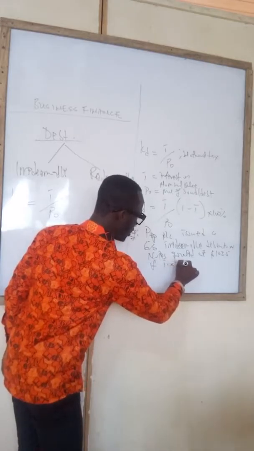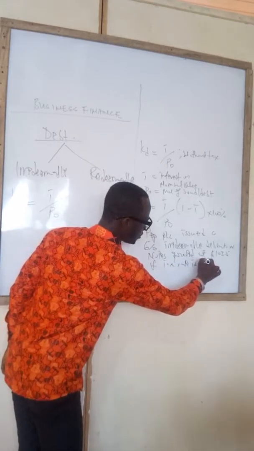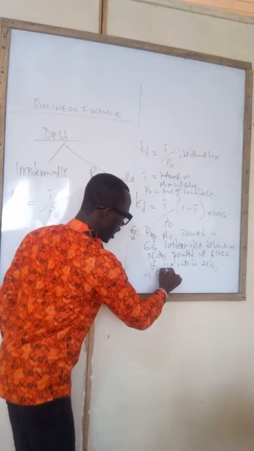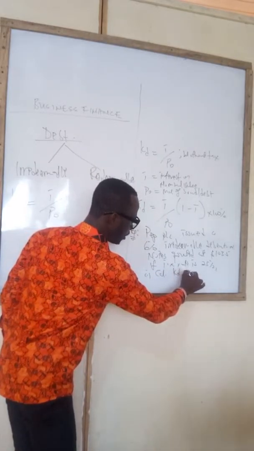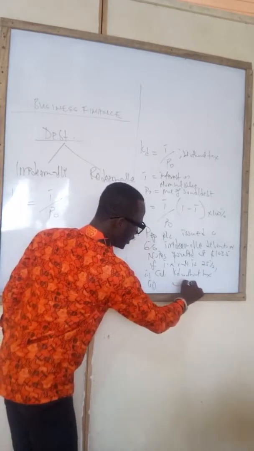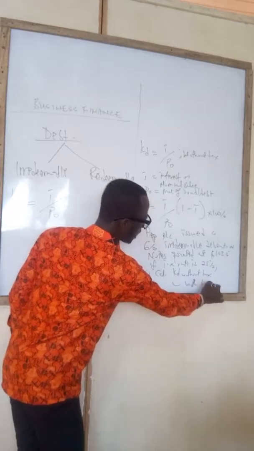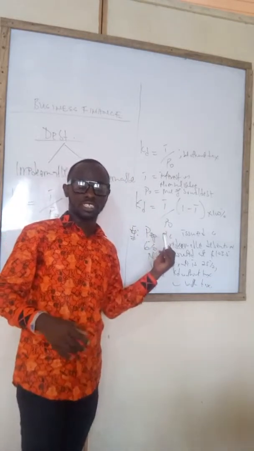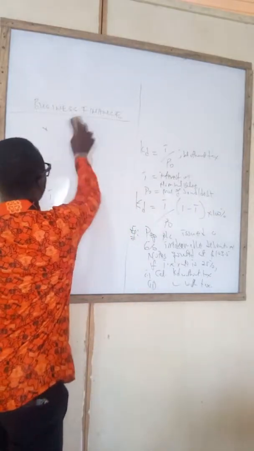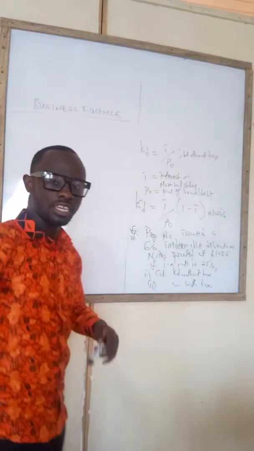If the tax rate is 25%, calculate KD without tax, and KD with tax. So this is the scenario, and the examiner is asking us to calculate KD with tax and then without tax.